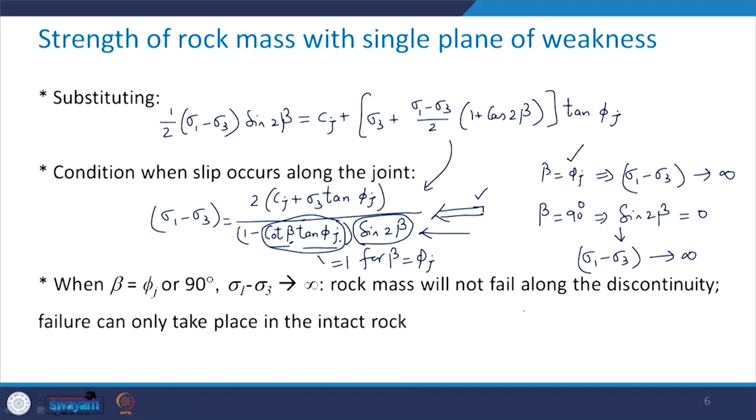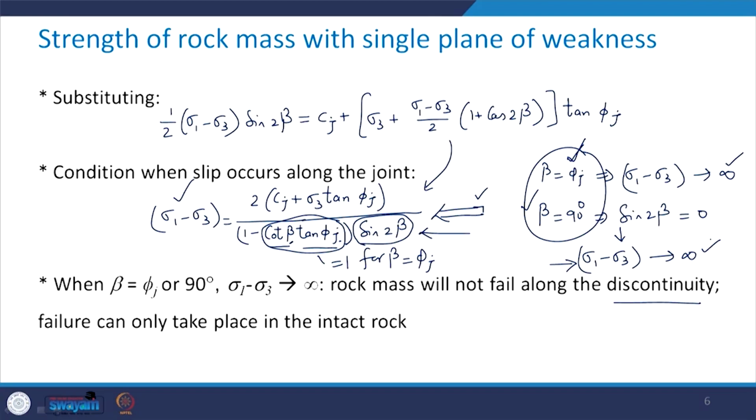Rock mass will not fail along the discontinuity either when beta equal to phi j or beta equal to 90 degree, because in these two conditions the strength of the discontinuity, given by sigma 1 minus sigma 3, is tending to infinity.